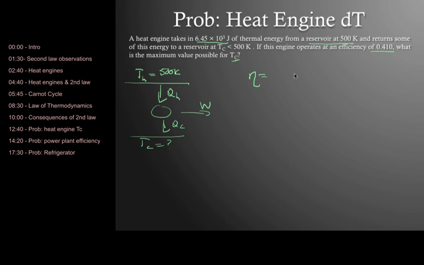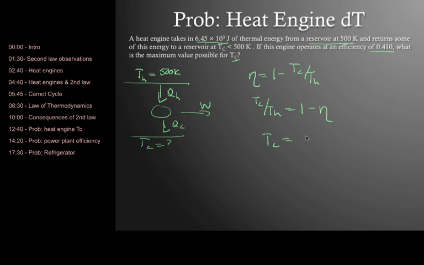Our efficiency is 1 minus TC over TH. This is our upper bound, so we're going to assume that this is a Carnot engine. Then we can solve this for TC. I'm going to bring eta over to this side and TC over TH over to this side, and then multiply both sides by TH.